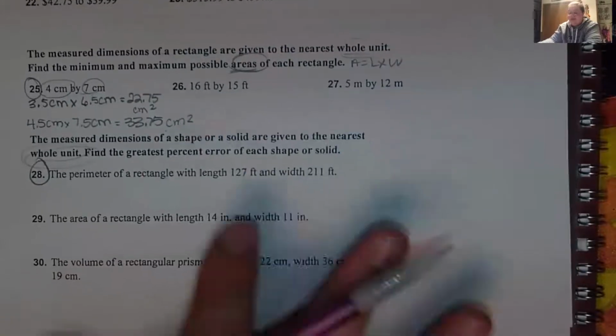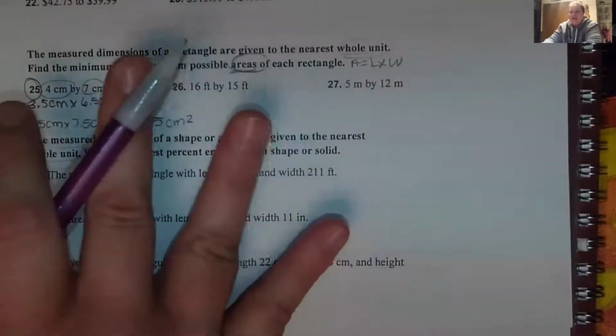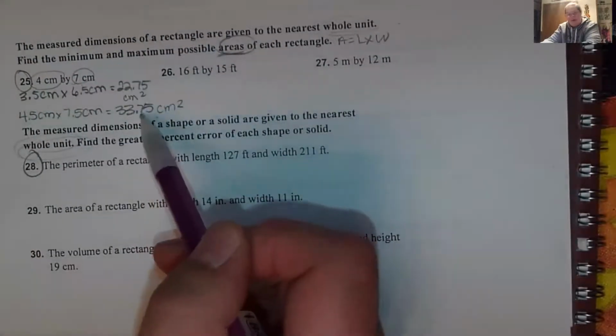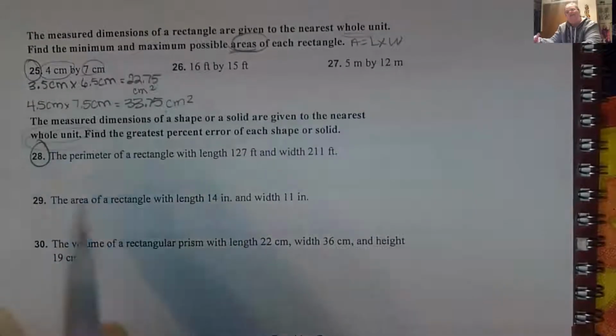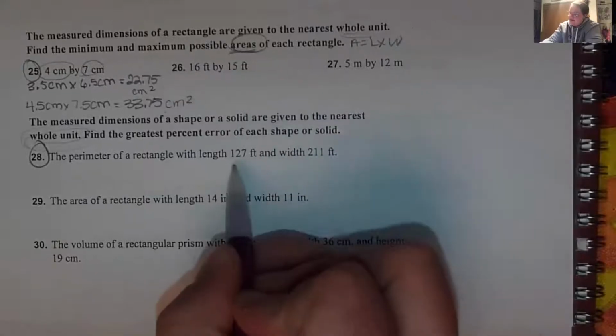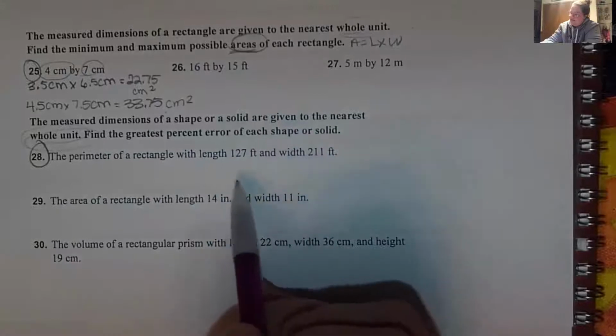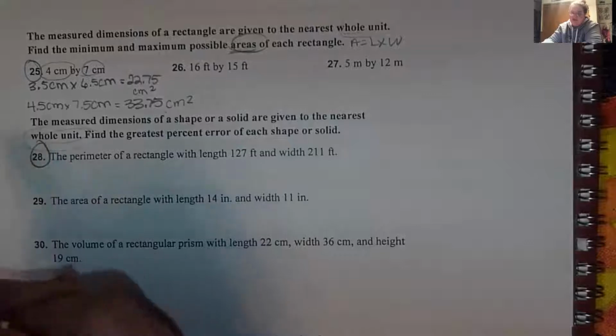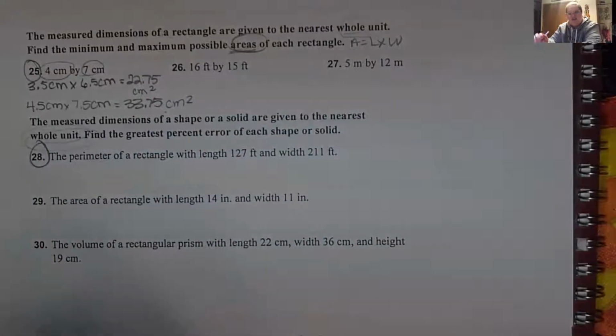Okay, now 28 uses everything that we did on 25, but now it's changing to percent error. So we need to find these minimum and maximum values, and then we need to find the percent error from that. Remember, percent error is change over original, or change over actual. Okay, so here we go. If I am measured to the nearest whole unit again, I could be off by 1/2 foot either way.